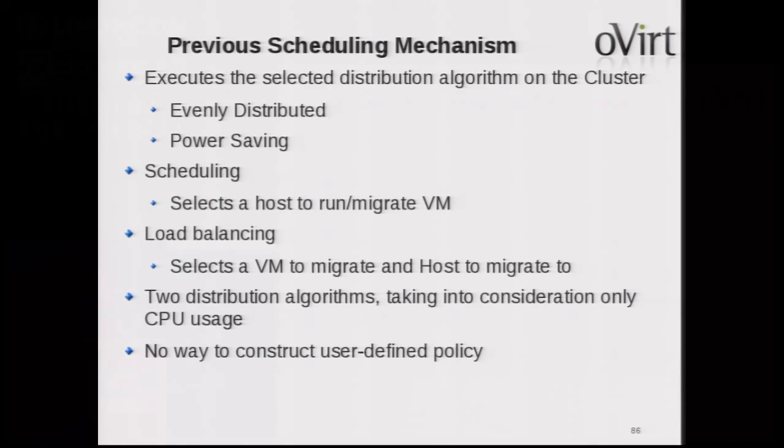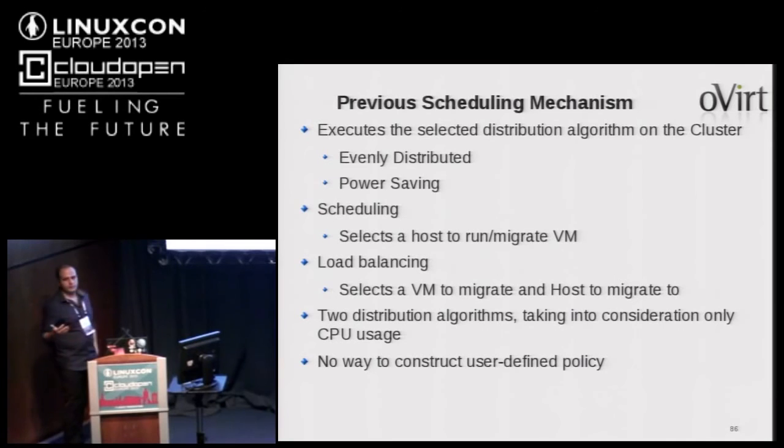The scheduling mechanism we had so far was based on a distribution algorithm defined on the cluster. We had basically two policies on the cluster. One is evenly distributed, in order to evenly distribute the VMs around the hosts.